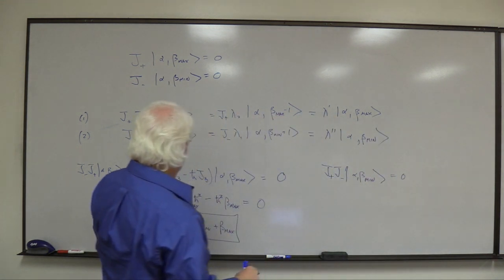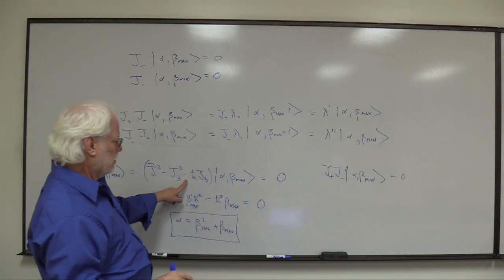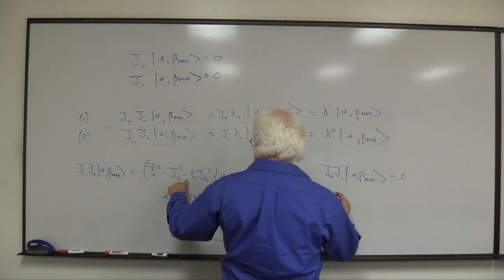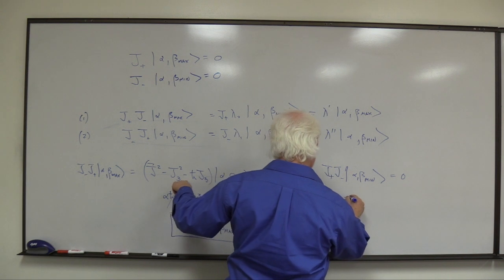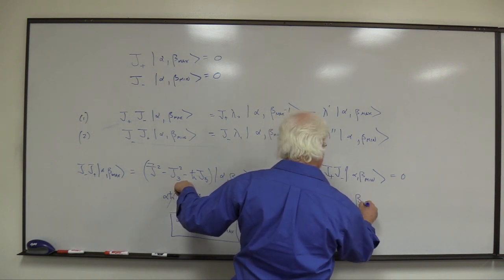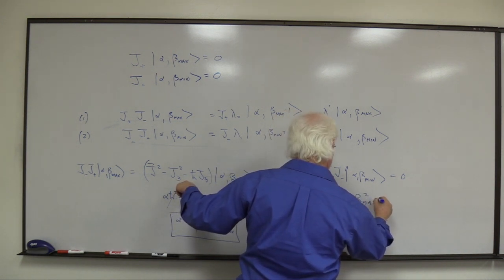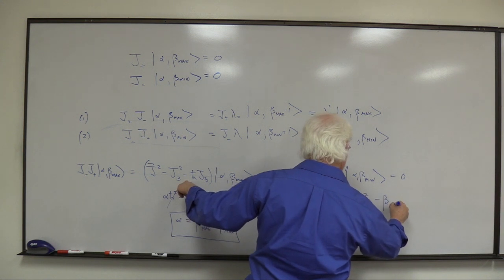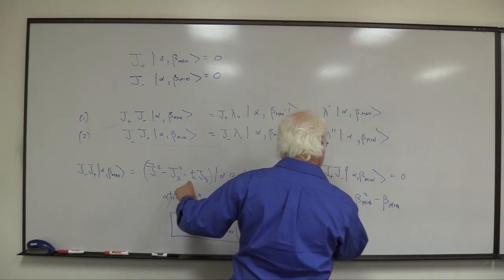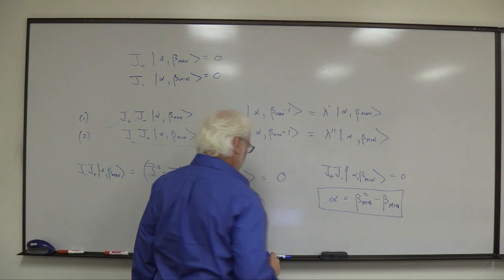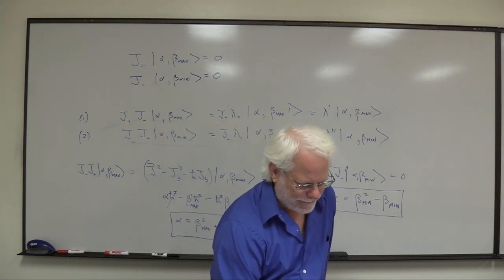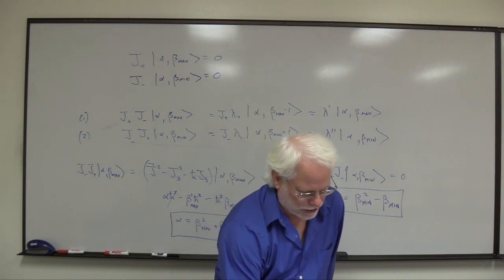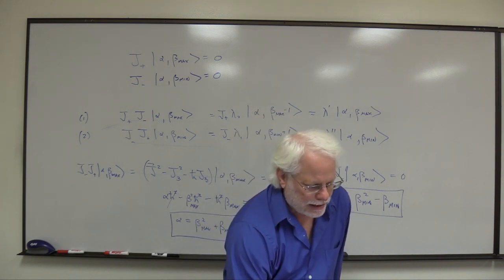The only difference is we're going to have a minus here, so it will be beta min squared minus beta min. So what we're going to get is alpha equal to beta min squared minus beta min. Okay, better and better. And this agrees with my notes. Good.